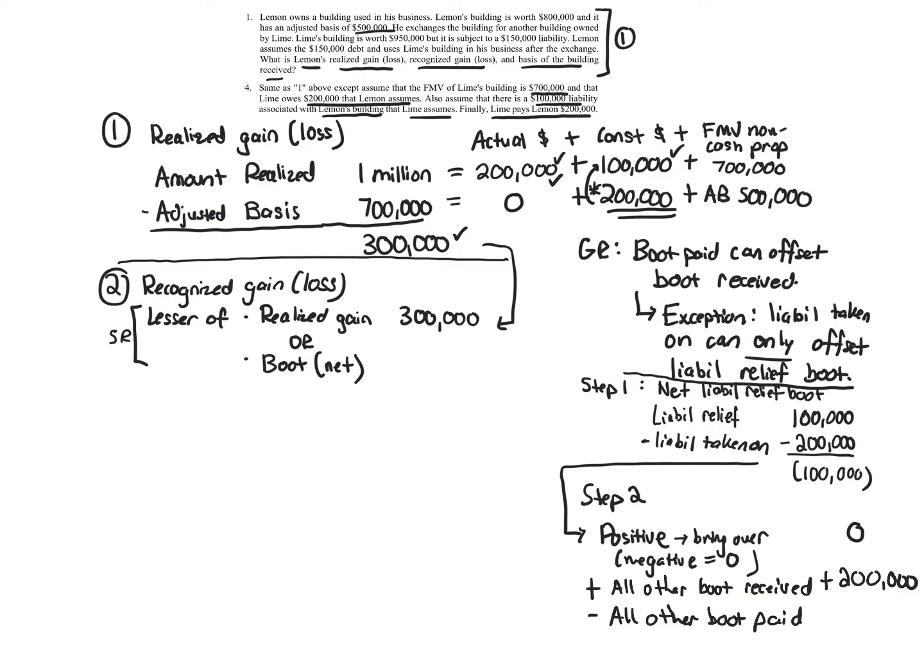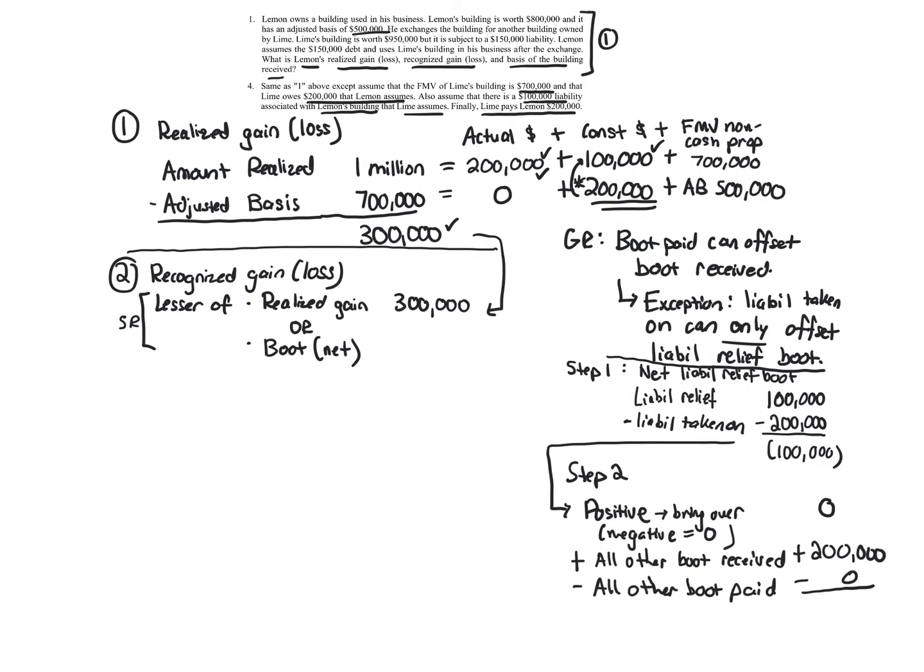No. We have no actual cash and no non-cash like-kind property. So 0. So this gives us $200,000 of net boot. So that's our net boot for purposes of our rule.